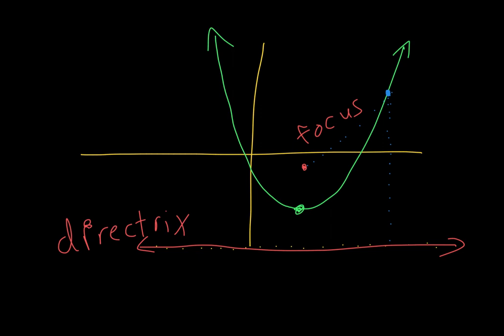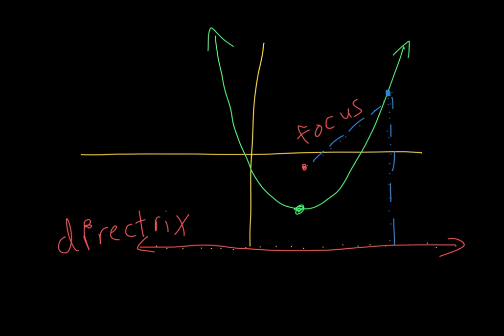So if I could draw this accurately, the distance from the focus to that point is the same distance as that point is to the directrix. Now you might look at this and say, well, it obviously is not. Well, that's because I didn't draw my parabola really well.